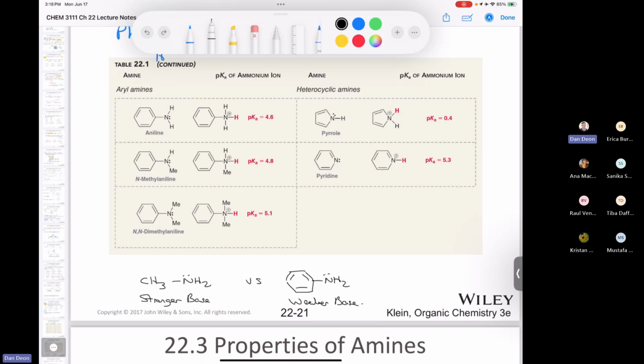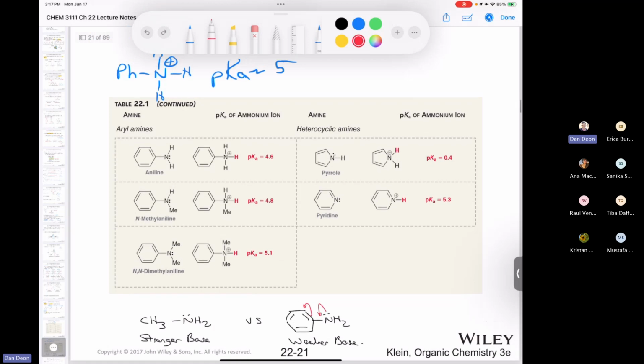Why would aniline be a weaker base? It's because the lone pair is delocalized. It's not as readily available, whereas this lone pair is localized. Now, that's something that I've gone over many times in the class, so I'm not going to harp on it for the next 5 minutes, but make sure you understand the difference between localized and delocalized electron pairs.